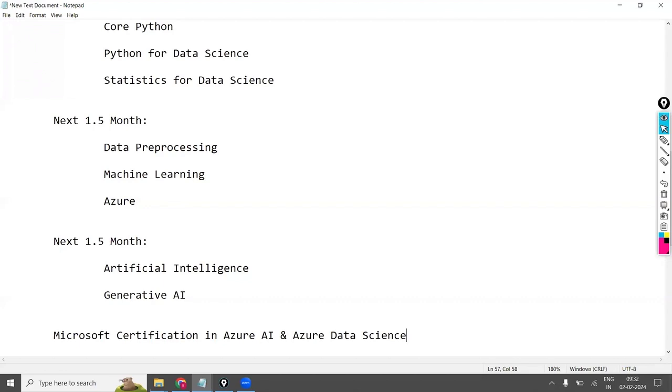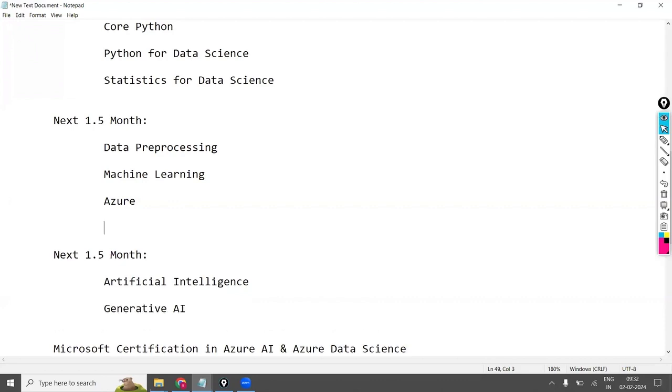Now, once certification is completed, you are going to do projects, multiple projects. At least in your resume, you are going to keep 2 projects based on machine learning. And from artificial intelligence also, 2 projects.